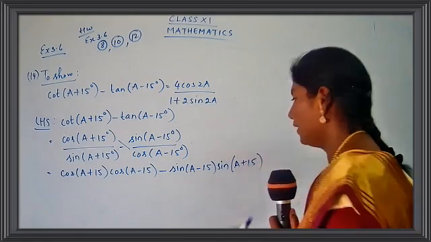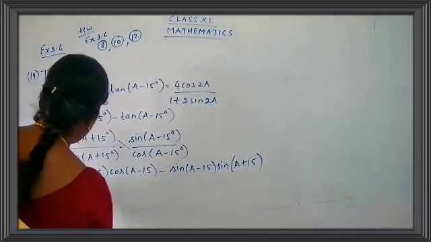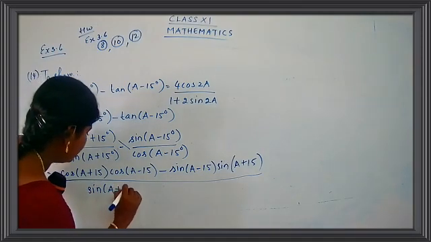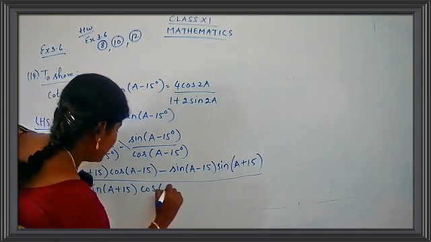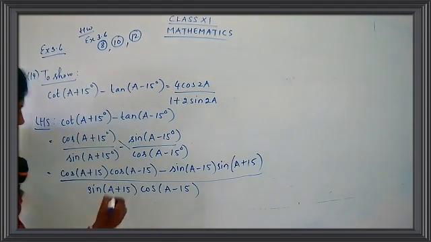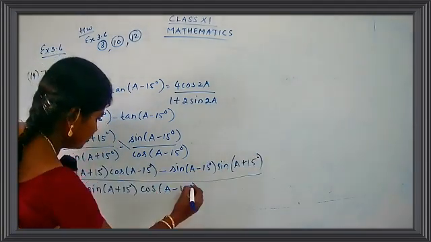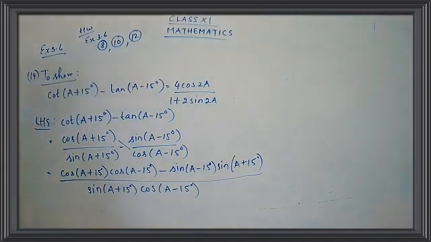Then the denominator together, you write as sin(A plus 15) cos(A minus 15). Just put the degree sign over here, children. If I have missed out the degree sign, you just use the degree sign. So cross multiplying, I get cos(A plus 15) cos(A minus 15) minus sin(A minus 15) sin(A plus 15) upon sin(A plus 15) cos(A minus 15).